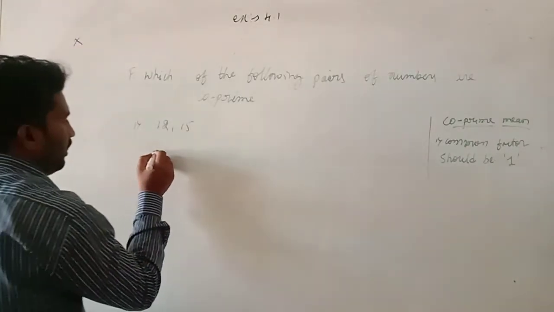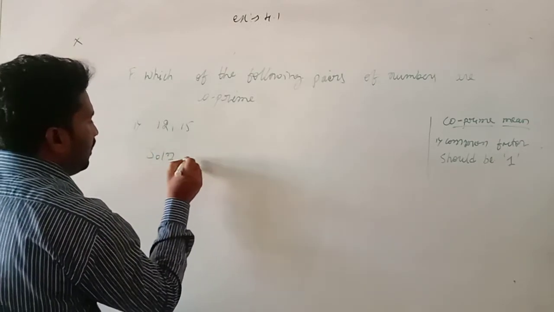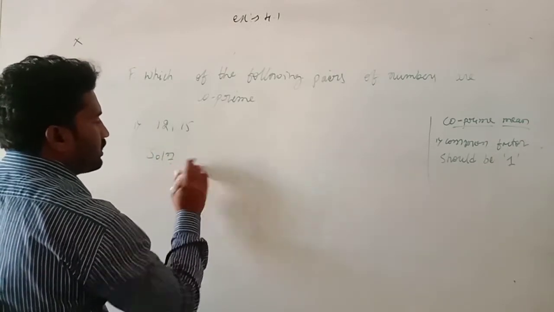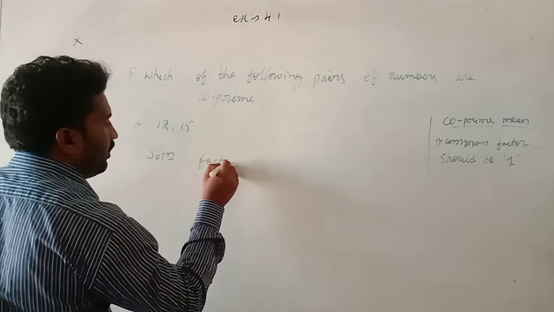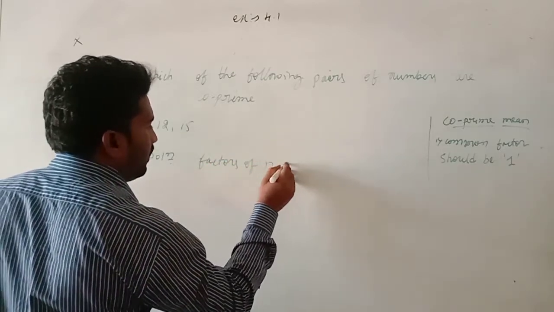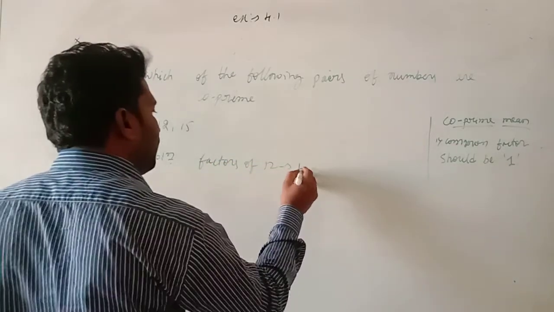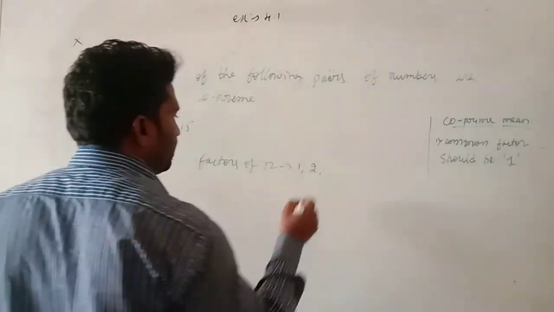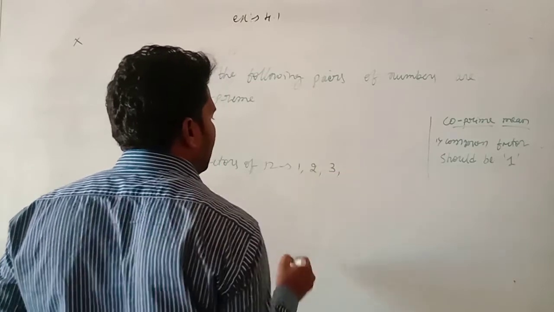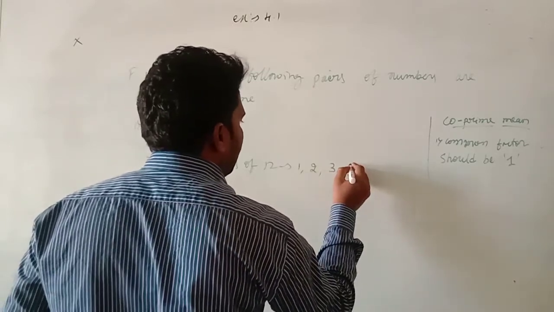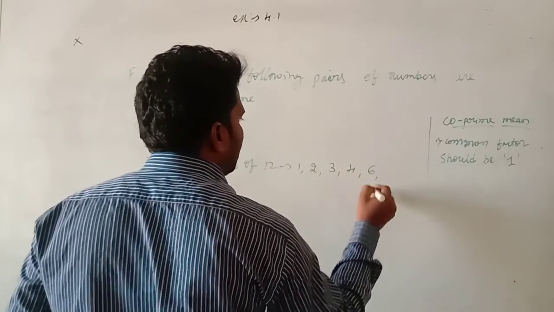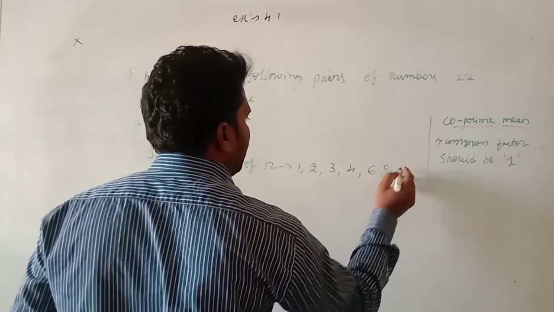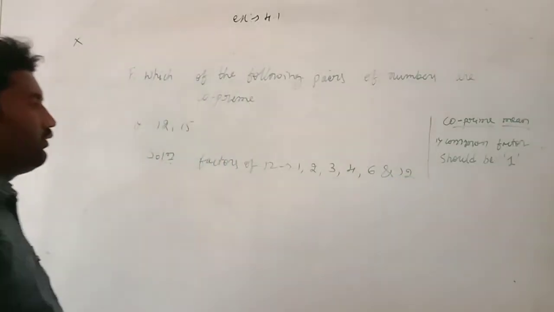So first of all, the factors of 12. What are the factors of 12? It can be divided by 1, 2 times 6 is 12, 3 times 4 is 12, 4 times 3 is 12, 6 times 2 is 12, and 12. So these are the factors of 12.